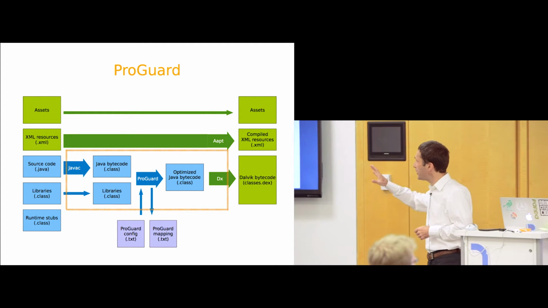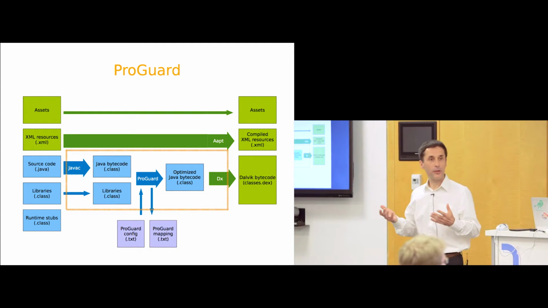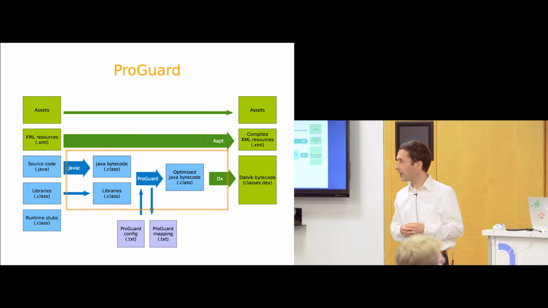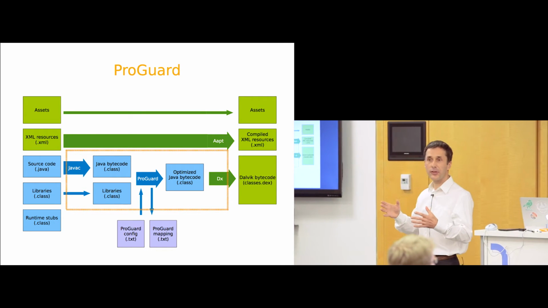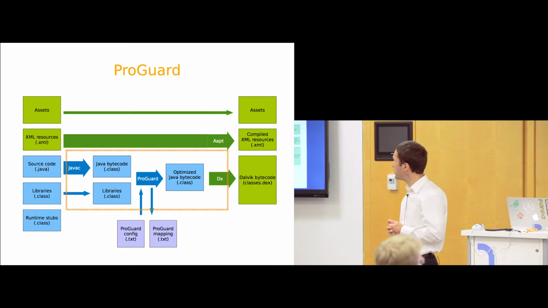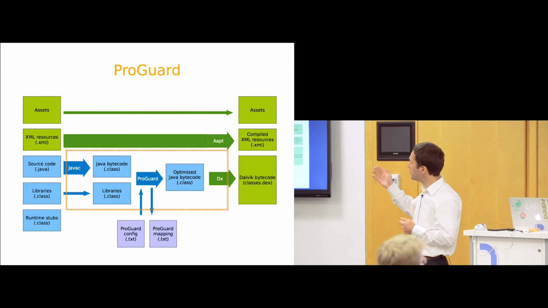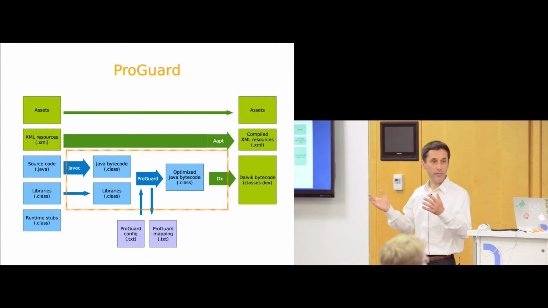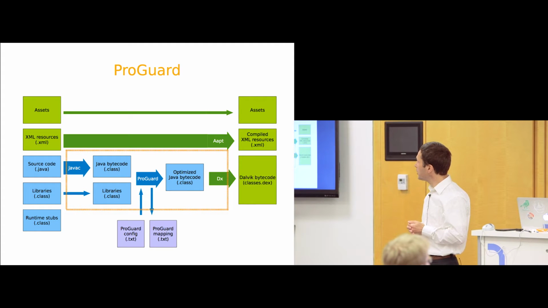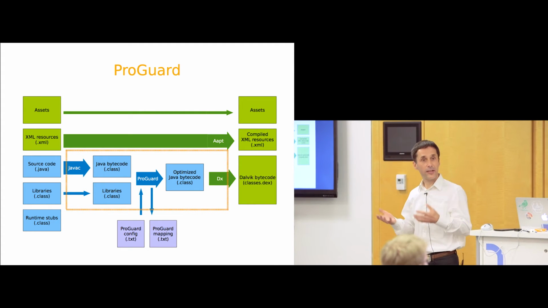Now, if you look at this process, it's becoming quite convoluted. You start from Java source code, and then in 3 distinct steps you go through to Dalvik bytecode, and there may be even more steps. So an obvious question here is, can't you simplify this?